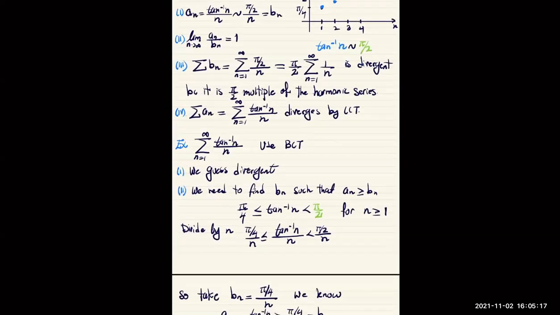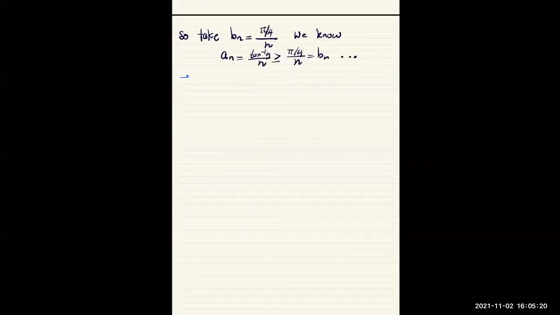I want to do a problem where we don't get a limit of 1, or we can't get a limit of 1. And I really need you guys to pay attention. Okay, so let's say we have this series here, 1 over n, 3 to the n. Again, pay 100% of your attention to this problem, okay?